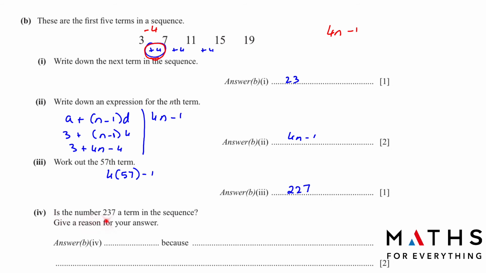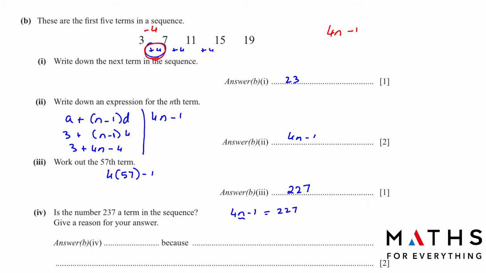Now, is the number 237 a term in the sequence? Give a reason for your answer. You know the nth term can be found by using 4n minus 1. Make it equal to 227.